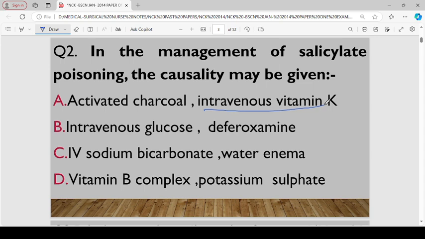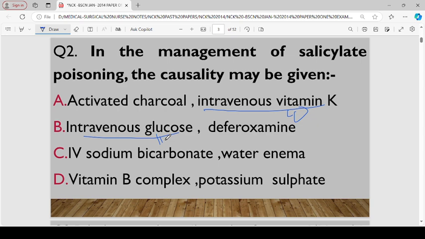So this one will not be included here, unless you're talking about a coagulation disorder where we lack the vitamin K factors. That's when we can use it. But for now, no. Option B, intravenous glucose and deferoxamine. For intravenous glucose, maybe if you are talking of a hypoglycemic event, that can work.